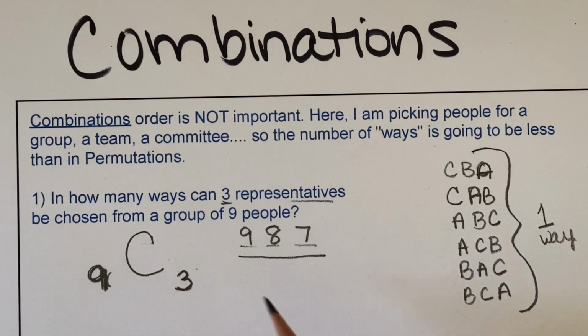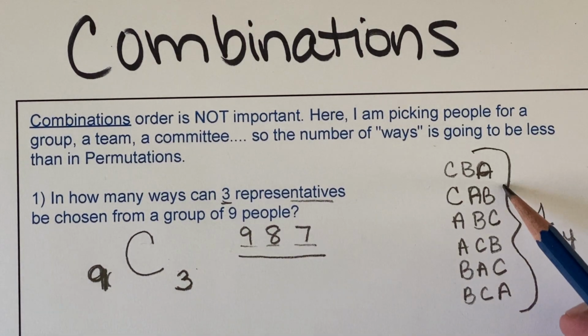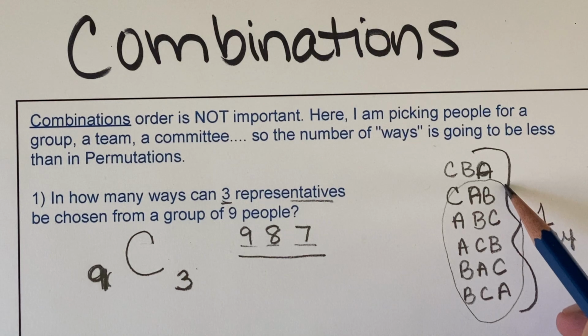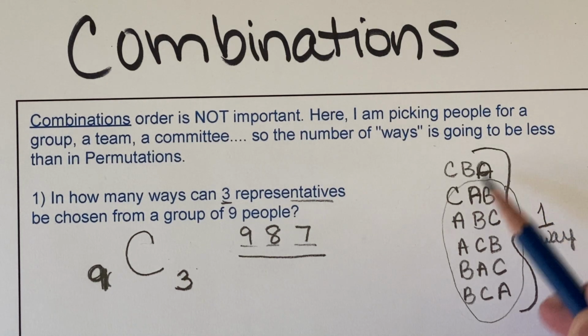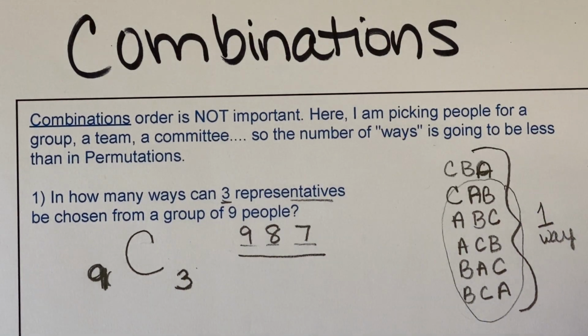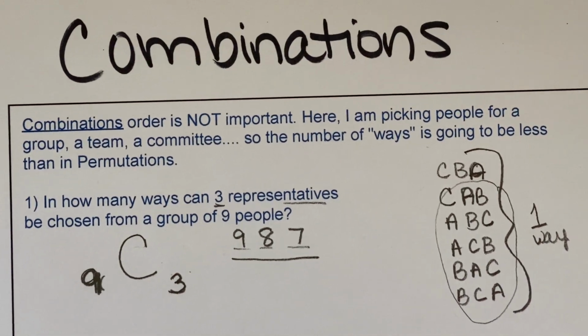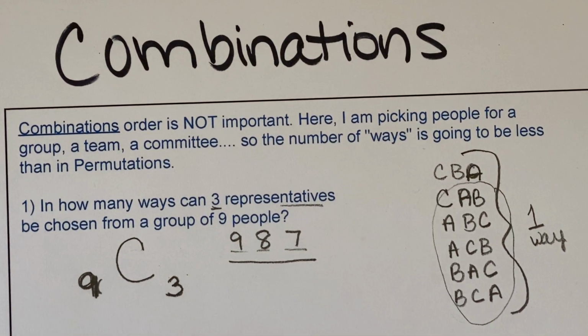So what you do is you have to subtract out the repeats. These would be repeats because it represents the same 3 people in the end. You know multiplication is repeated addition, division is repeated subtraction.